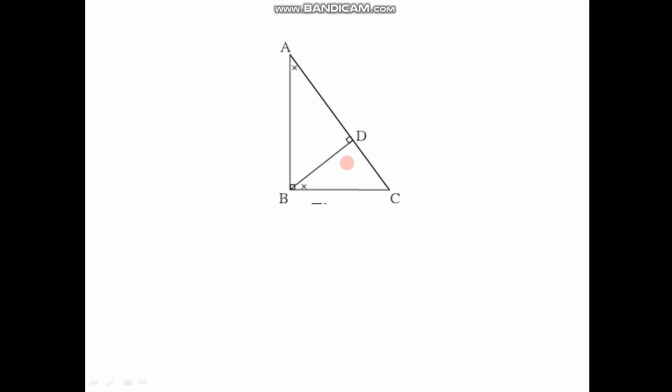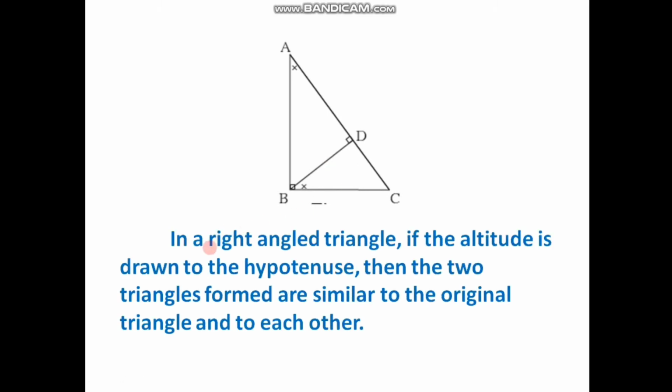So first of all, let's see what the statement is. In a right angled triangle, if the altitude is drawn to the hypotenuse, then the two triangles formed are similar to the original triangle and to each other. In this diagram, as you can see, BD is the altitude drawn on the hypotenuse.